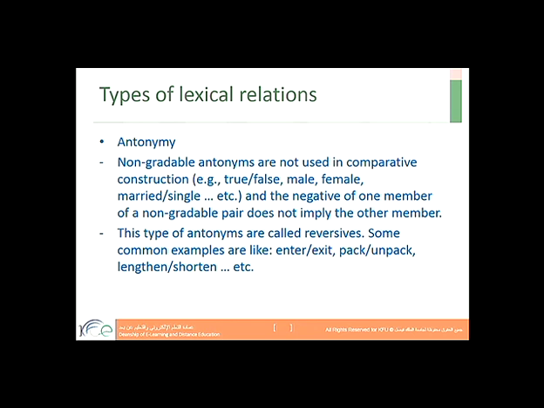The opposite of married is single, etc. And the negative of one member of a non-gradable pair doesn't imply the other member. This type of antonyms is called reversives. Some common examples are enter and exit, lengthen and shorten.